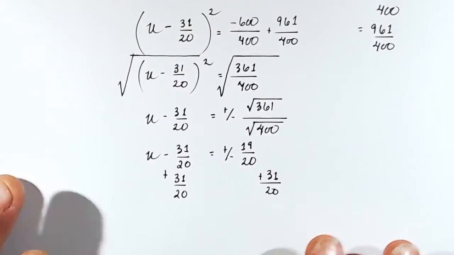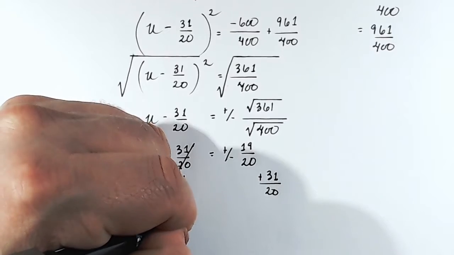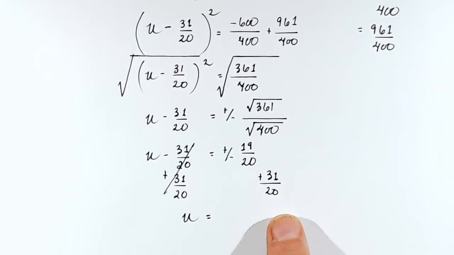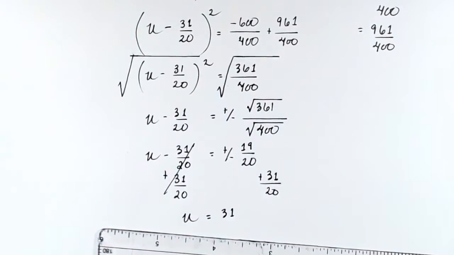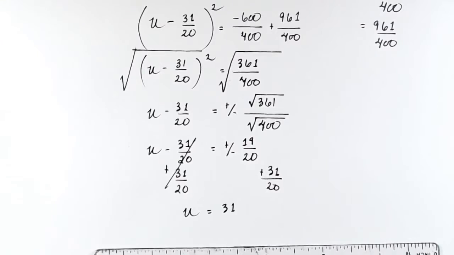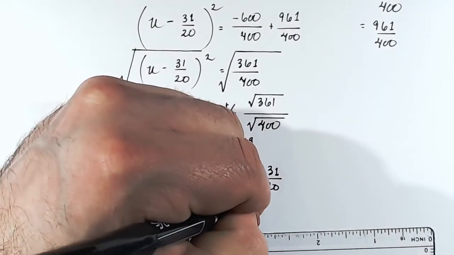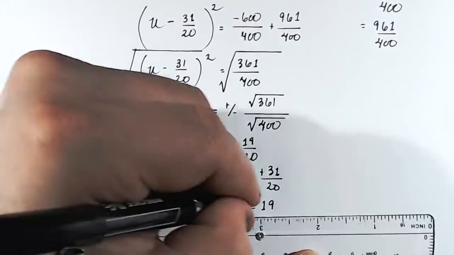Over here we cancel each other out. Now I've got u all by itself equal to 31 over 20. Well, let me write it this way. I have a common denominator already, so I can write 31 plus or minus 19 all over 20.